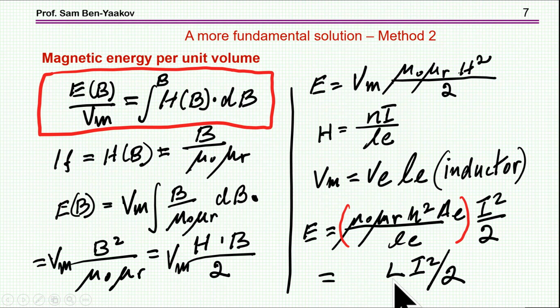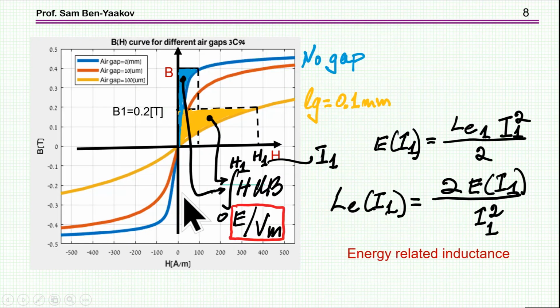Now, what happens if the inductor is not linear, which is the question that I've posed? In this case, mu sub r is not linear, and of course, this is not the expression. Very interesting is the fact that this integral H dB is this area here, or in the case of a core with a gap, this area.